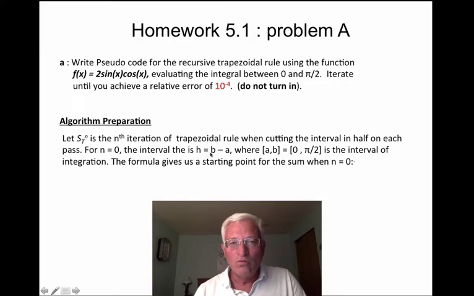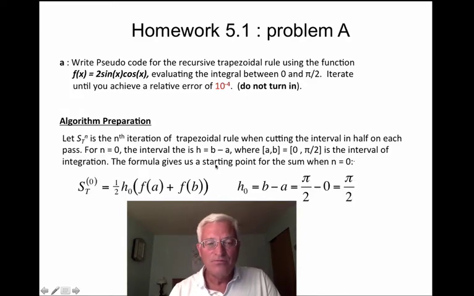Well, if we're using one trapezoid, then the base of that trapezoid must be the full integration interval. In our case, we're integrating between 0 and pi over 2, but we'll just continue to call the interval a and b just to make it a little bit simpler. So we need a starting value, and that's pretty easy to do. We'll say our starting condition for our sum is going to be the entire trapezoid.